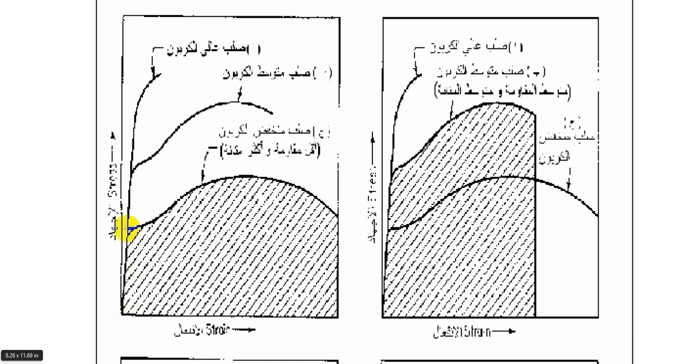As you can see, the line of elasticity originates from the origin to a certain point called the point of elasticity, the Young modulus determination.